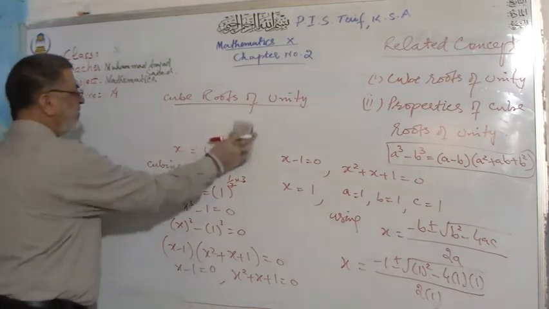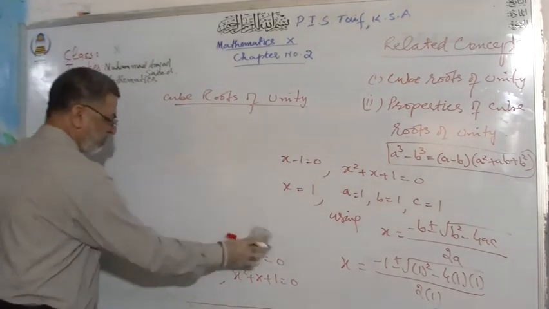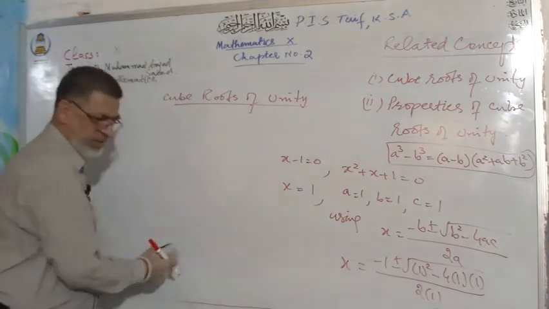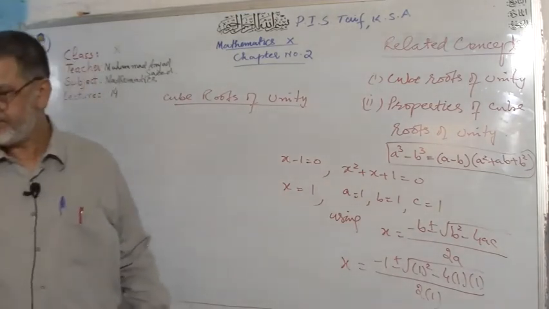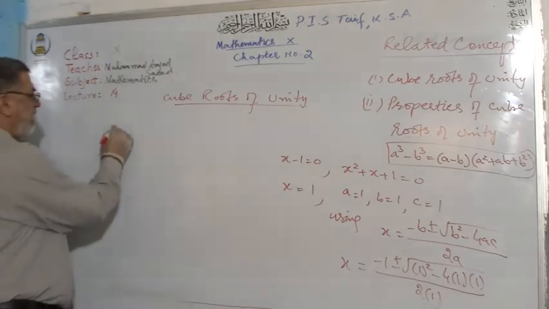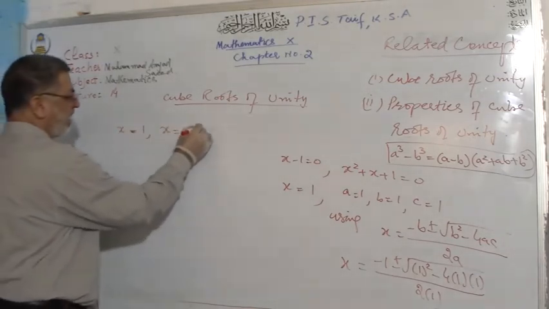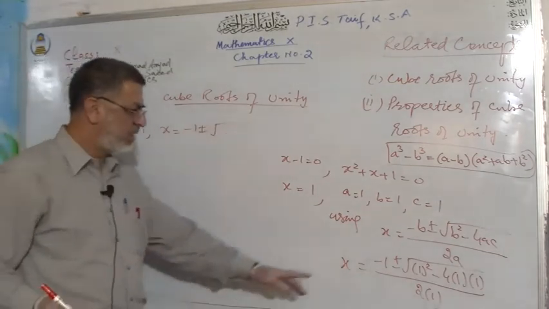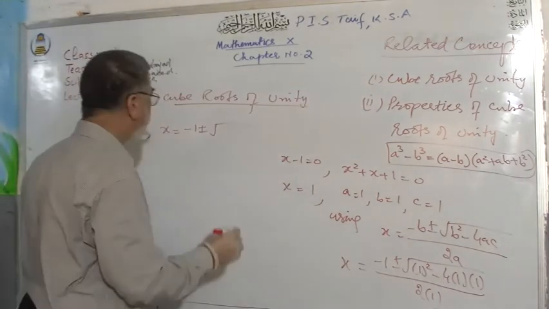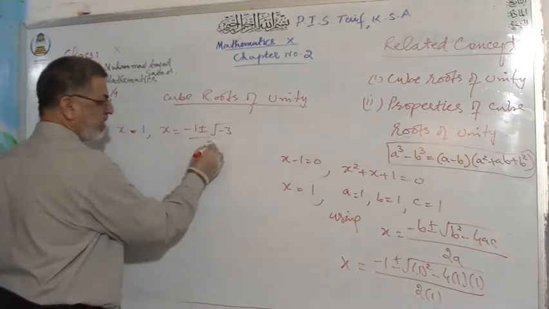After that, we will write down x is equal to 1 and x is equal to minus 1 plus minus the root of 1 minus 4, that is minus 3, over 2.